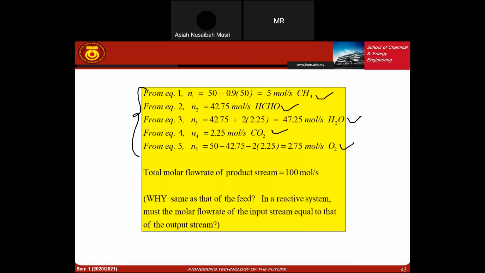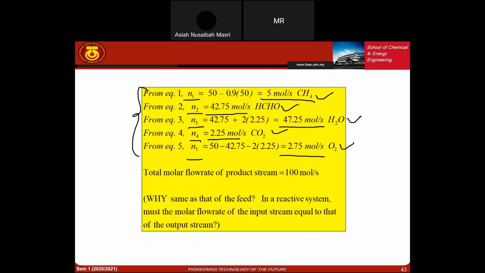Then we are able to solve for N1, N2, N3, N4, and N5. So here we have 5 mole per second methane, 42.75 mole per second formaldehyde, 47.25 mole per second water, 2.25 mole per second carbon dioxide, and lastly 2.75 mole per second oxygen. So we got these values after we put the values of extent 1 and extent 2 in the mass balance written using the extent of reaction.